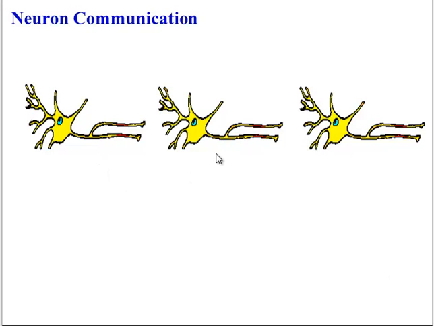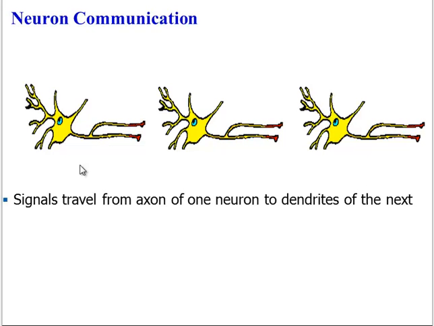Here we've got 3 neurons in a row. And as you can see, there's an electrical signal or impulse going through these neurons. And the signal travels so quickly, it seems like it's instantaneous. But really what's happening is this neuron is triggering a signal in this neuron, which is then triggering a signal in this neuron. And in general, the signals move from the axon to the dendrites.